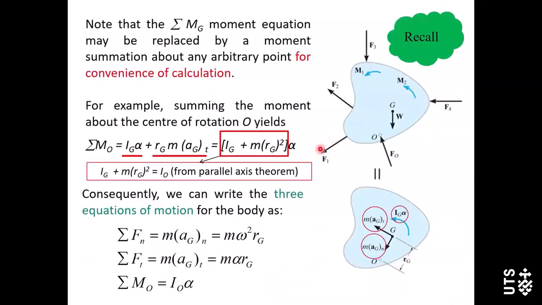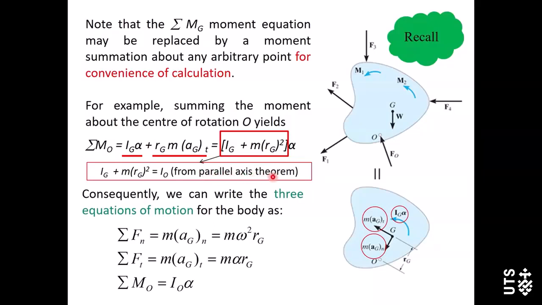In a lot of problems, using the rotation center O to calculate the rotational component may be more convenient than using mass center point G. If you use rotation center point O to do the calculation, you get this kinetic moment, and we can do rearrangement using the parallel axis theorem.